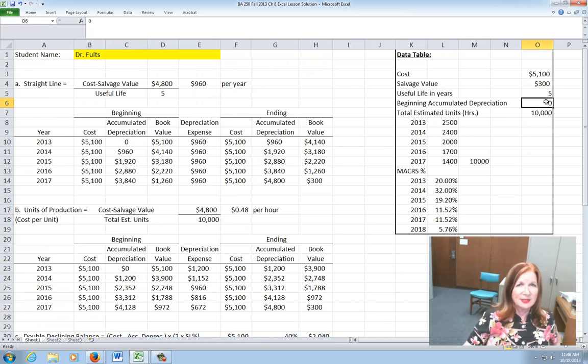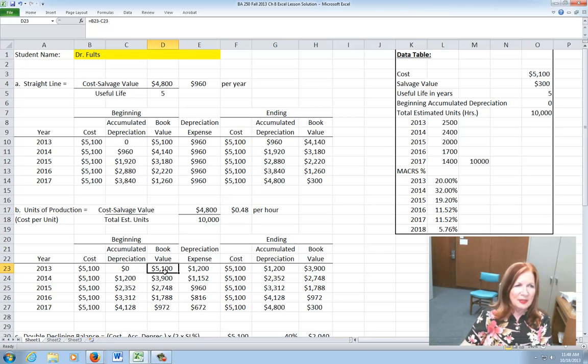It's always equal to this cell, O6, and you're going to get a $0 in there. And so then the book value is B23 minus C23 to get book value. So cost minus accumulated depreciation equals book value.